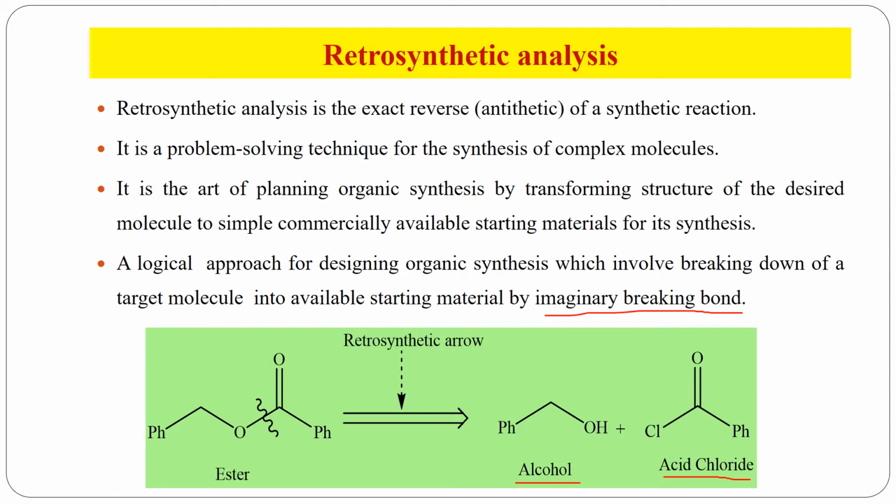So this bond is disconnected, which is shown by a wavy line. One component is alcohol and the other is acid chloride. This simpler process is called retrosynthetic analysis or disconnection.